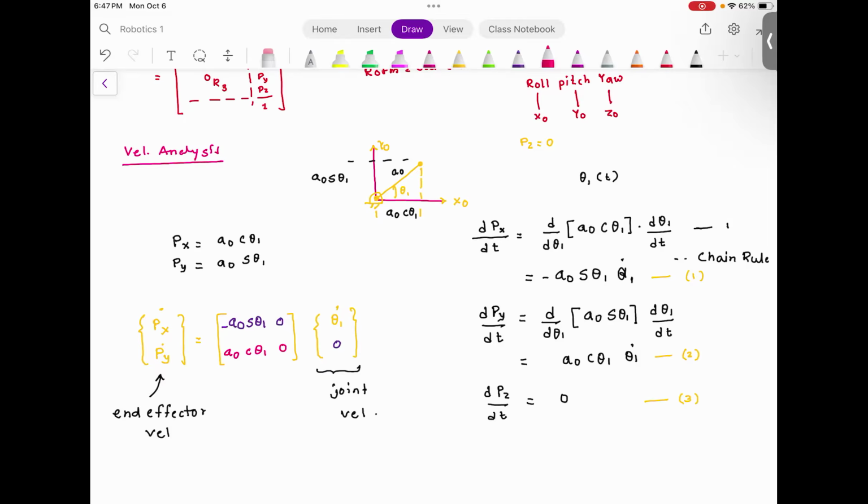Now what this means is: first row, first column, minus A0 sine theta 1, gives you the first equation. Second row, first column gives you the second equation, A0 cosine theta 1 dot. Everyone understood this?